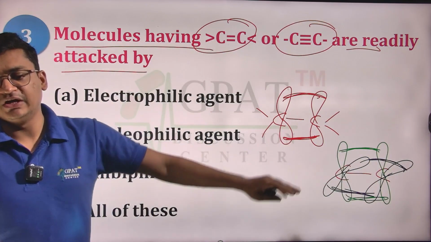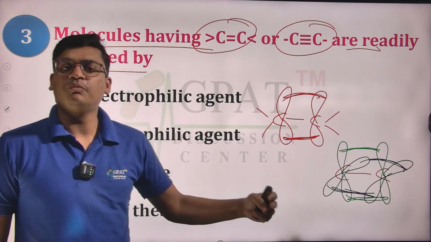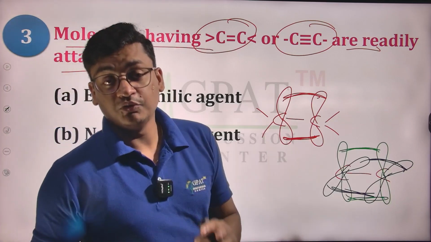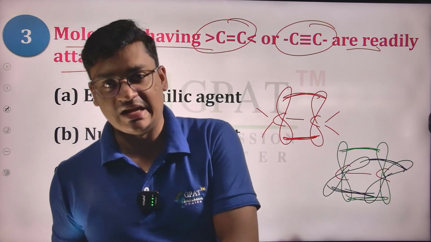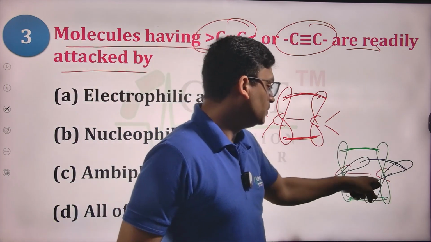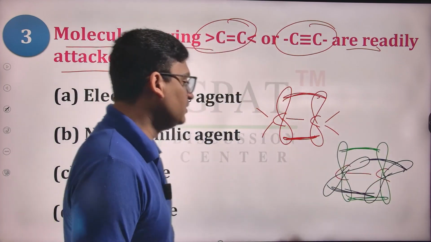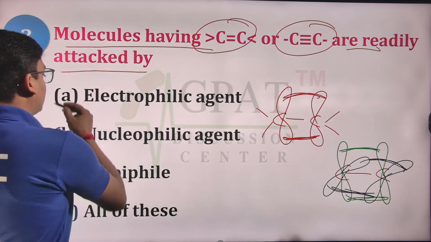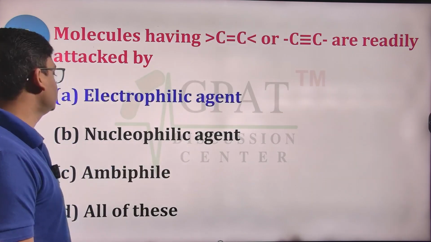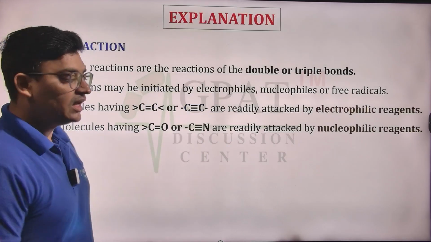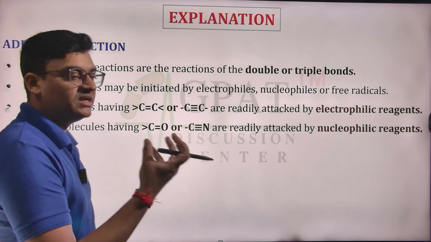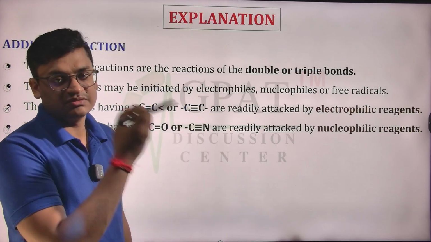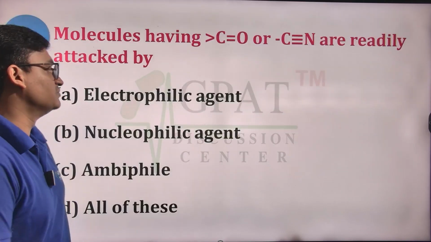So there will be a perpendicular pi bond formation, since we know a pi bond is formed only when p orbitals overlap, and p has a dumbbell shape. So this is the triple bond formation, and this is the double bond formation. They can only be attacked by an electrophilic reagent. So yes, A will be the right answer, since there is a strong electron density just between the two carbon atoms.